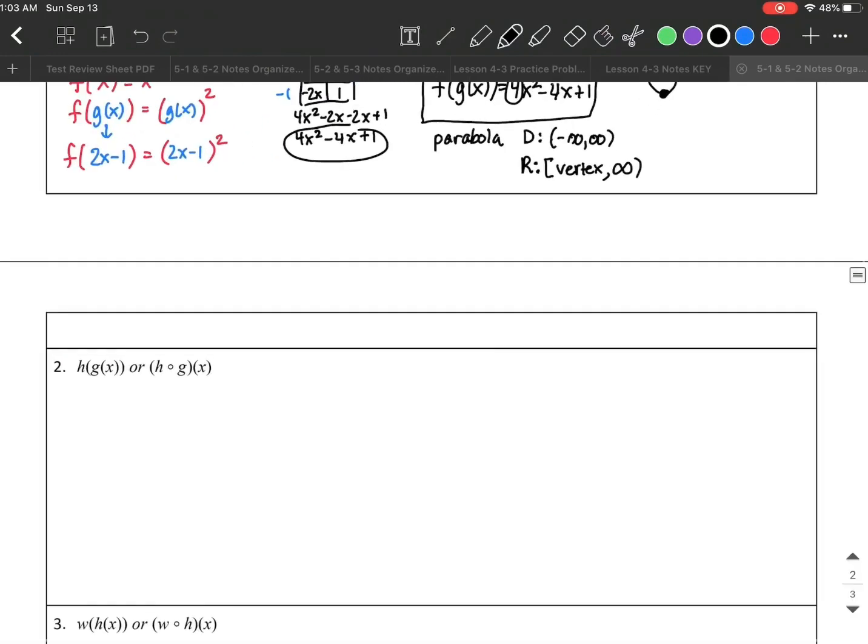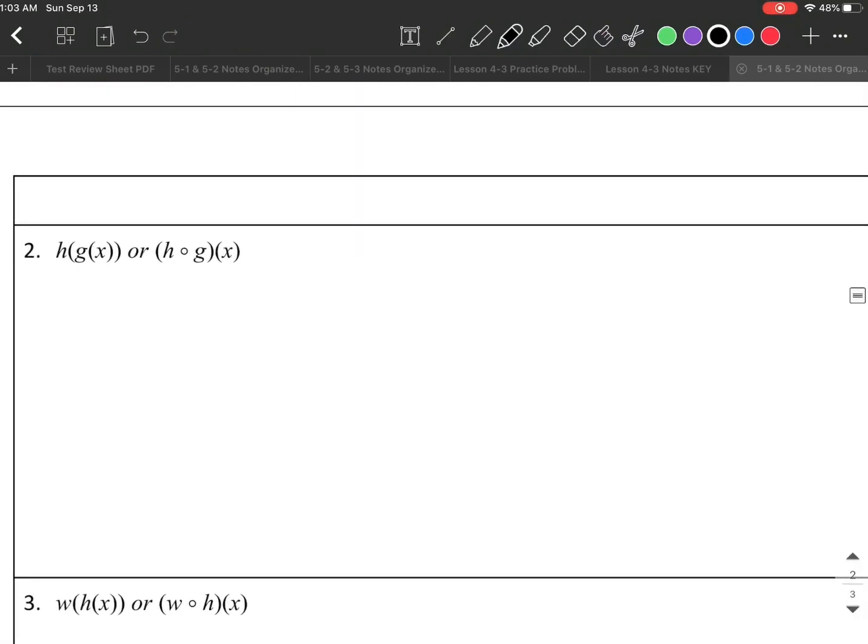Then composing h of g of x, I am taking first h of x, which I know is equal to x plus 2. And I'm writing that out so I can see very clearly what I'm doing. What I want to put instead of x, I want to put g of x. That's what I want to plug in. So what I'm actually going to do is take whatever g of x is, and I'm going to add 2.